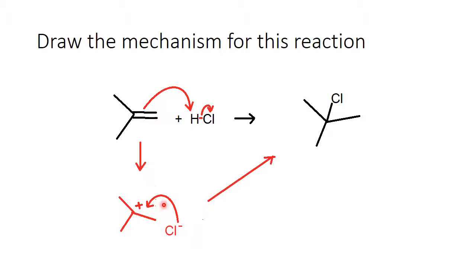So what happens is once the pi bond electrons grab the proton, you get a positive charge on the carbon. That positive charge then is ripe for nucleophilic attack. So here's a nucleophile that is left over from the electrons here jumping onto the chlorine. So what happens? They dive in and form a bond there.